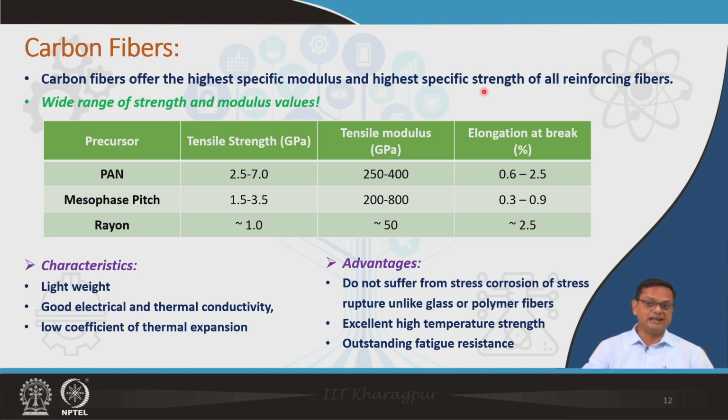But the advantage does not end there. The primary advantage of carbon fiber is that depending upon how you synthesize it, you get a wide range of strength and modulus.